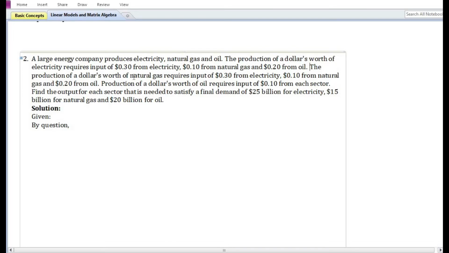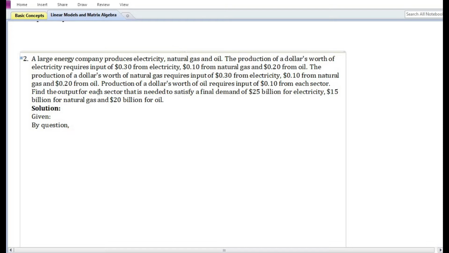The production of $1 worth of natural gas requires input of $0.30 from electricity, $0.10 from natural gas and $0.20 from oil. Production of $1 worth of oil requires input of $0.10 from each sector, that is $0.10 of electricity, natural gas and oil.